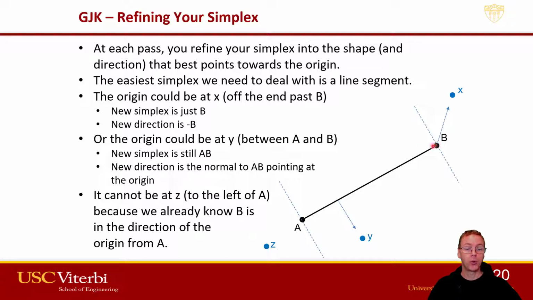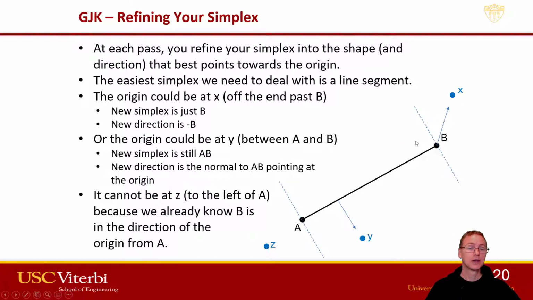Is it point A is closest to the origin, point B is closest to the origin, or some point between A and B is closest to the origin? Like for example, let's say the origin is right here at Y. This is the origin. Then the closest point is right there where I have the little laser dot. We just need to answer the question, is it in front of A, is it behind B, or is it somewhere between A and B?